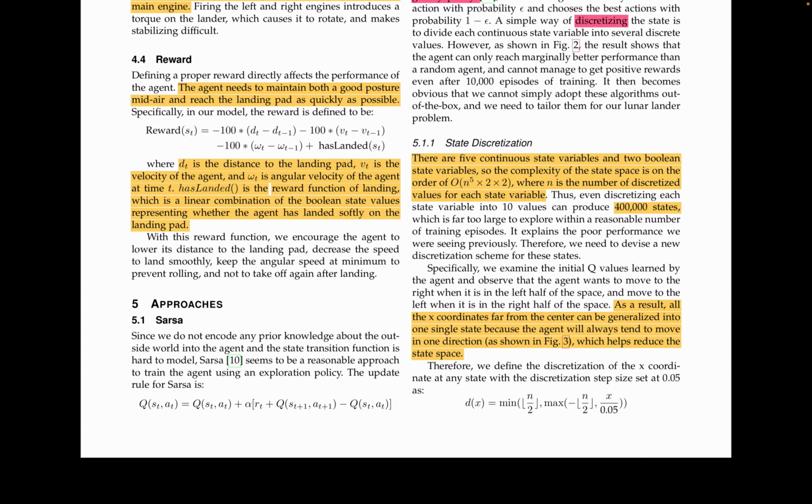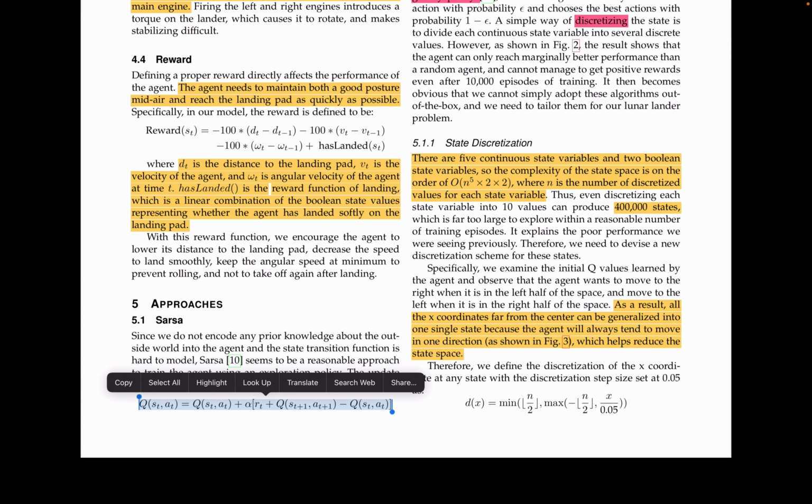It explores a lot. It does not have any policy telling it in a defined way to go this way, then this way, then this way. It takes random actions, and based on the rewards it gets back, it takes time to adjust. The update rule for SARSA is given by this equation. It's a Q value equation.